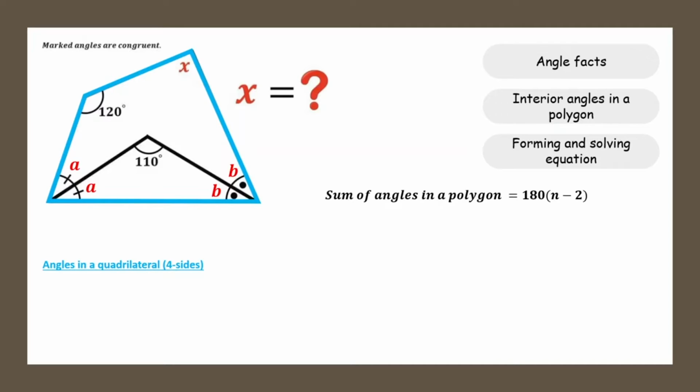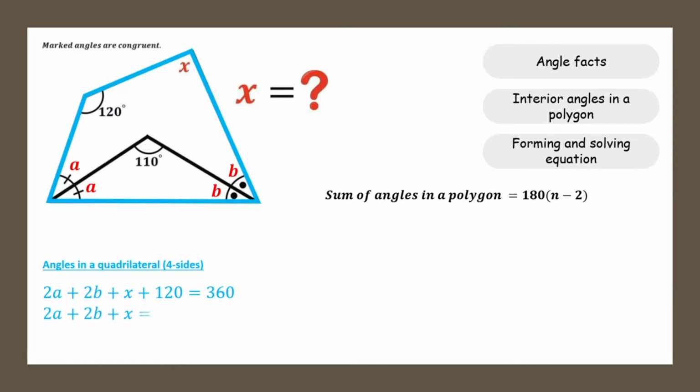I know that each of the angles in a corner, each of the angles in a vertex, when added together should equal 360. So let's form an equation. 2a, starting in the bottom left, plus 2b, moving anti-clockwise, plus x, plus 120, all together equal 360.